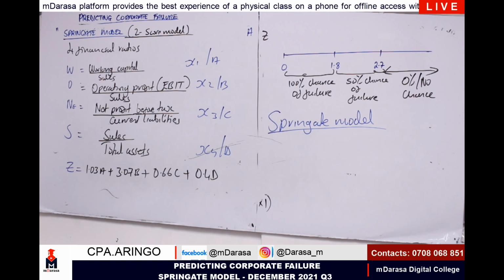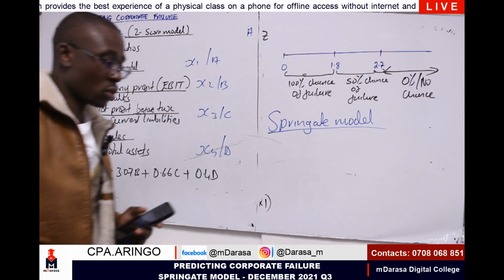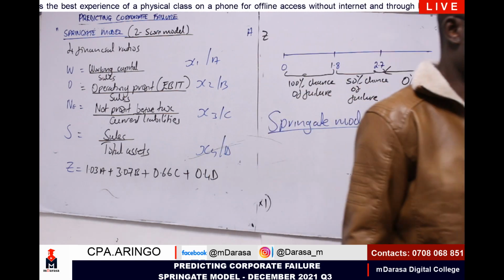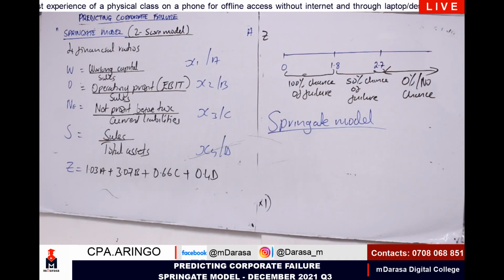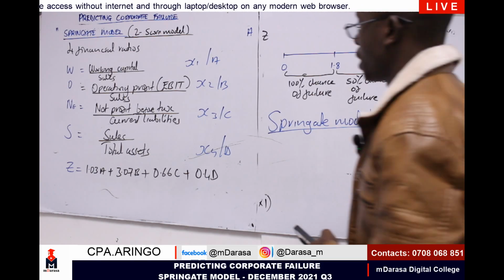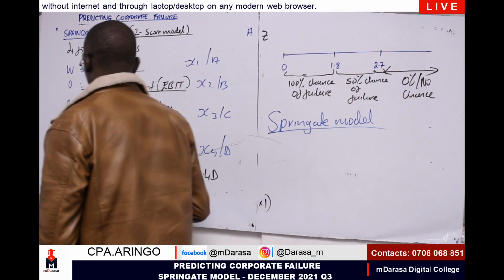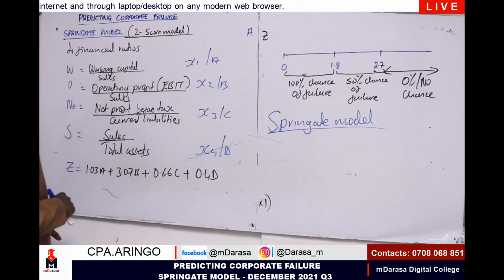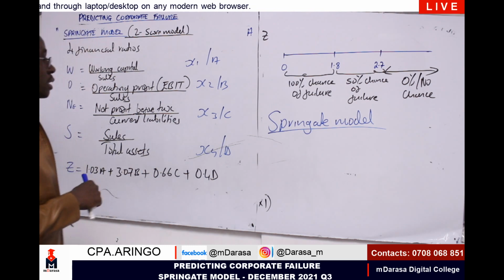It is more or less the same as what we mentioned on Altman Z-score, so no need of repeating all the elements. But ideally the first one, working capital, measures the company's liquidity. Then all the other elements are the same as what you had mentioned earlier under Altman Z-score.